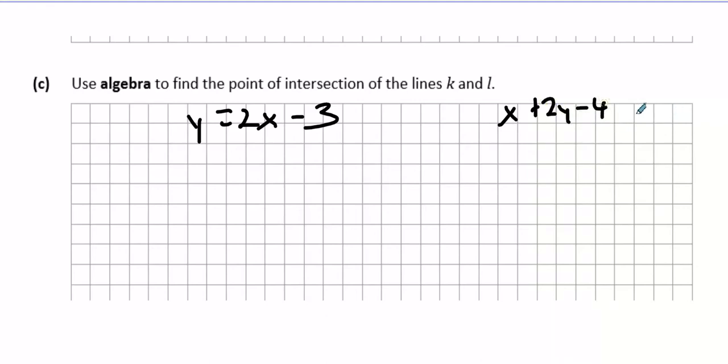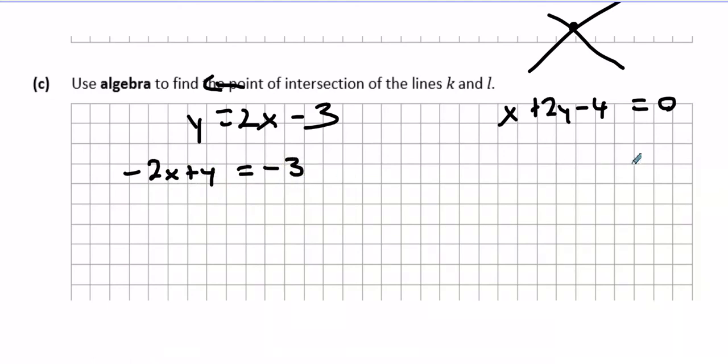So we can use simultaneous equations to figure out where these two perpendicular lines intersect each other at 90 degrees. We're going to bring the 2x to the left, so we get minus 2x plus y equals minus 3. We bring that minus 4 to the right, so we get x plus 2y equals 4.